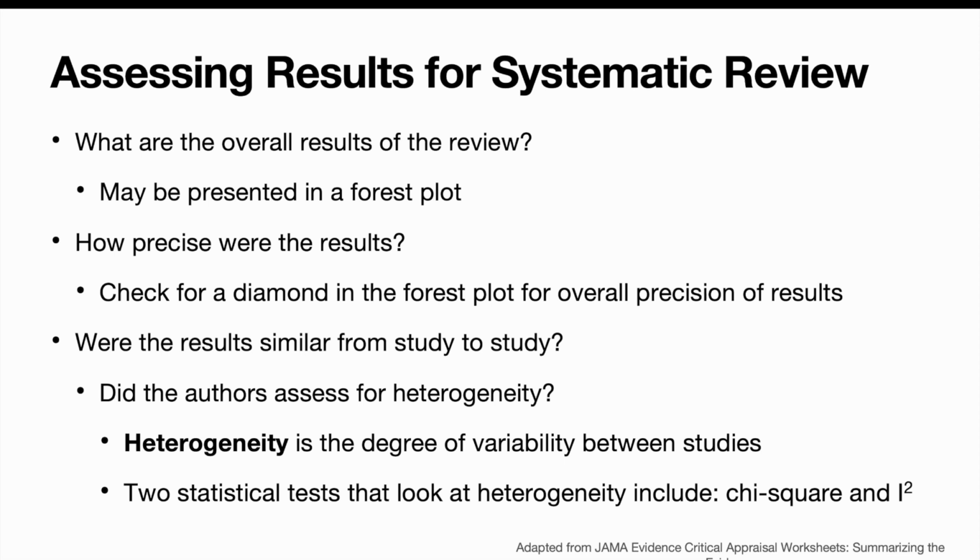Did the authors assess for heterogeneity? So heterogeneity is the degree of variability between studies. So if two studies are studying the same thing but have completely different results, those would be pretty heterogeneous. And there's a couple of statistical tests that look at heterogeneity. And there's another one, I think there's like a Pearson's score or something, but right now we'll just look at the chi-square and the I-squared.